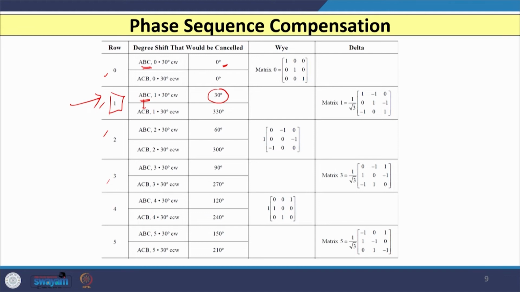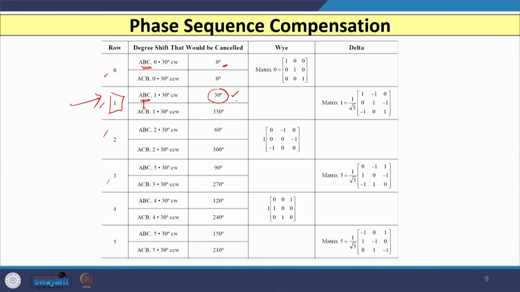So, the degree of phase shift which we need to cancel is either 30 degree in clockwise or 330 degree in counterclockwise direction, and accordingly, let us say I want to cancel 30 degree in clockwise direction, then you have to multiply your delta side currents or whatever signals you have with this matrix, so that the 30 degree phase shift can be compensated.